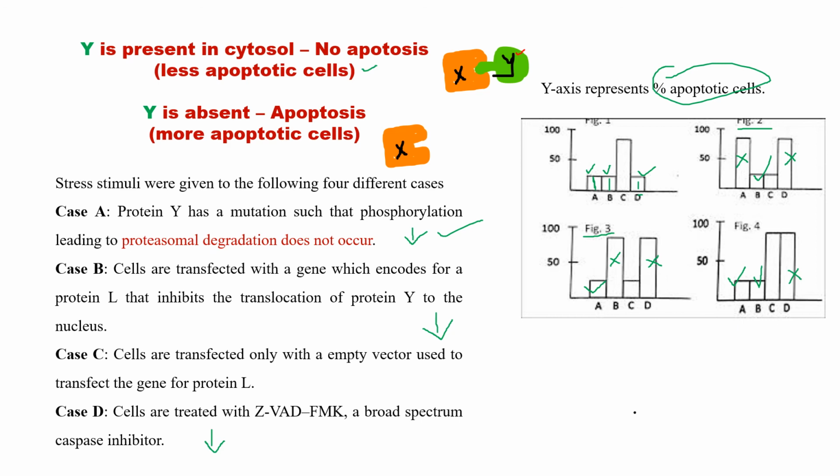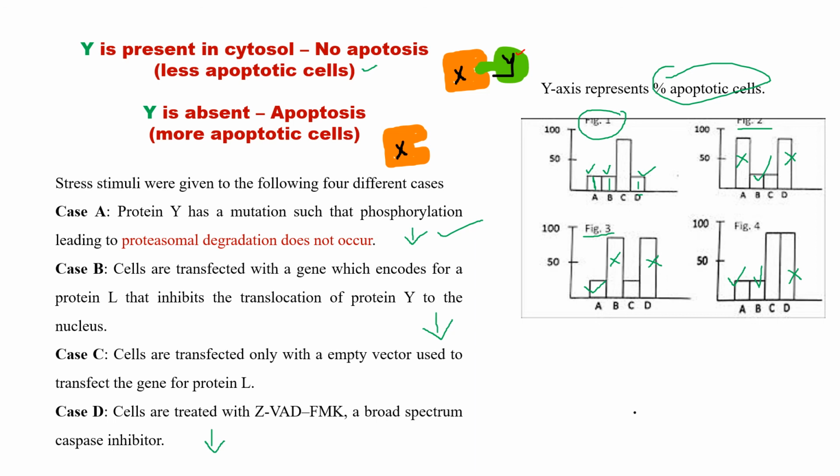So according to case A, case B and case D, we can say that there are less apoptotic cells. So this figure 1 is correct. Here in case A, less apoptotic cells, case B, less apoptotic cells, case D, less apoptotic cells.